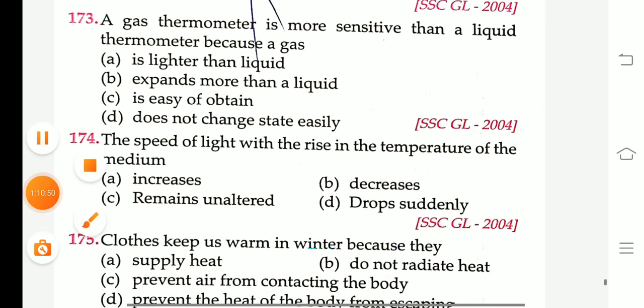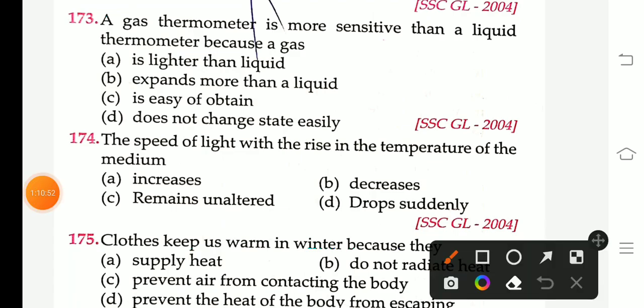Next, a gas thermometer is more sensitive than a liquid thermometer because a gas, right answer option B, expands more than a liquid. Next, the speed of light with the rise in the temperature of the medium, right answer will be option C, remains unaltered.